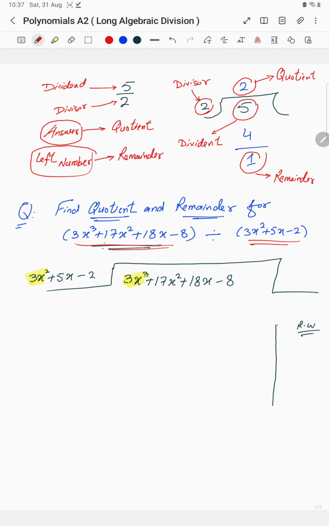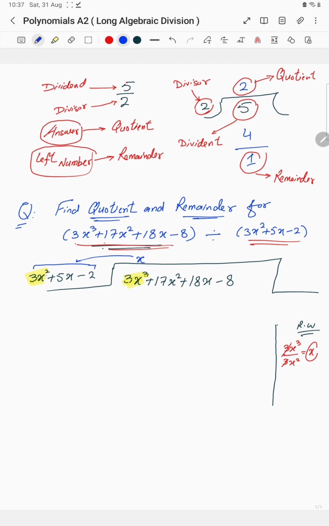After making sure the terms are in descending order, write them and simplify: 3, 3 cancel, x cube by x square goes, so x is left. Whatever is left, write it in the answer, and now multiply this x with the entire divisor.